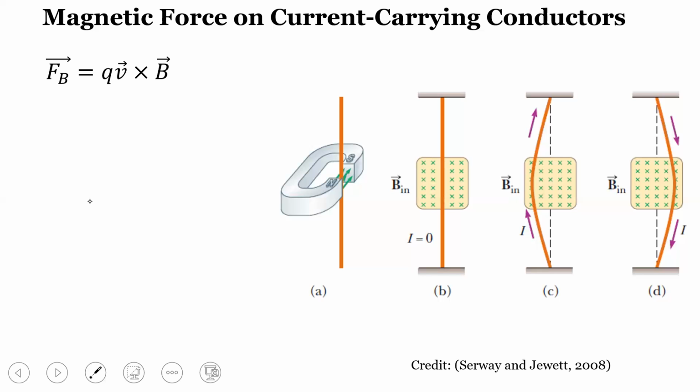That takes us to the definition that we have here: F_B is equal to QV cross B. Because the F_B that you get here will have an angle of 90 degrees to QV, and also 90 degrees to B, which is the magnetic field. So the magnetic field goes into the screen according to these diagrams.